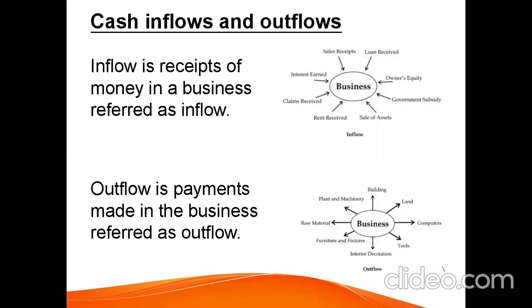Procuring the things or resources which help the business to happen is also considered an outflow. Examples are purchase of raw material, plant and machinery, building, land, computers, tools, interior decorations, furniture, and fixtures. Apart from this, there are other outflows. The money that is given out from the business to procure the resources is an outflow.